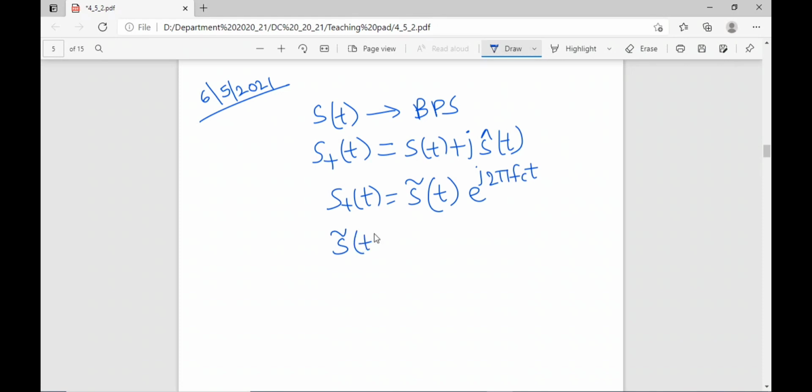Or we can write s tilde of t as s plus of t into e power minus j 2 pi fct.